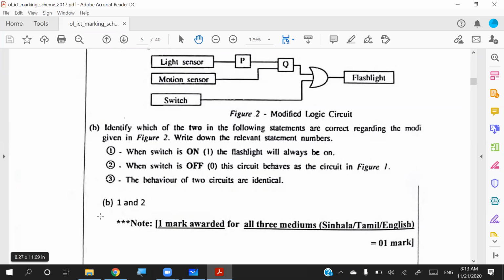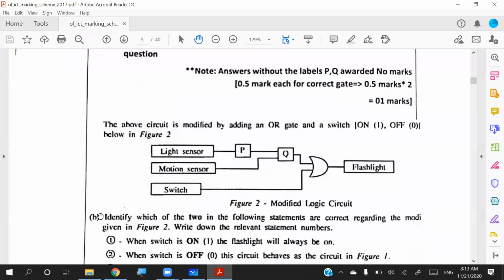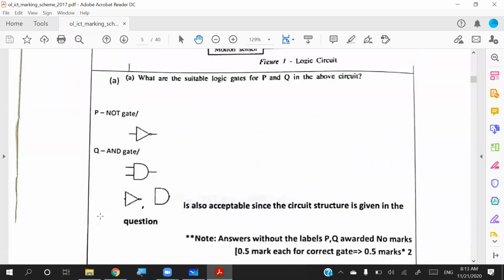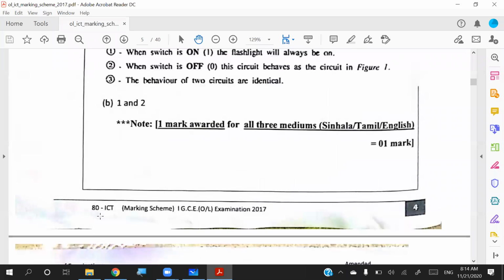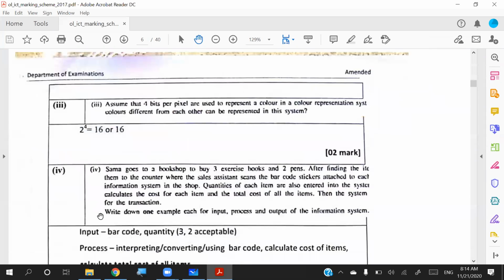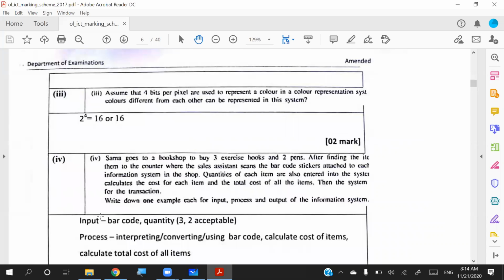Right? So for that particular question, writing NOT and AND will have 1 mark, and writing 1 and 2 for the B part will have another mark. Right? In the third one, they are asking you to calculate the number of different colors regarding the things.